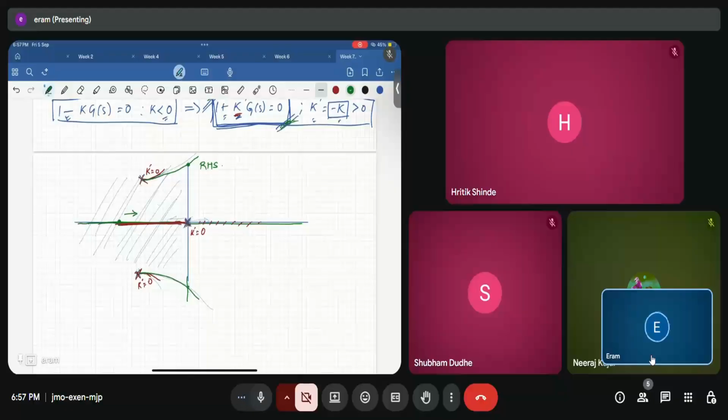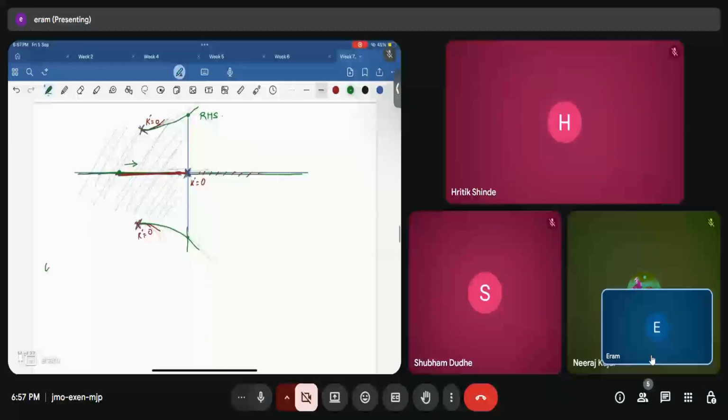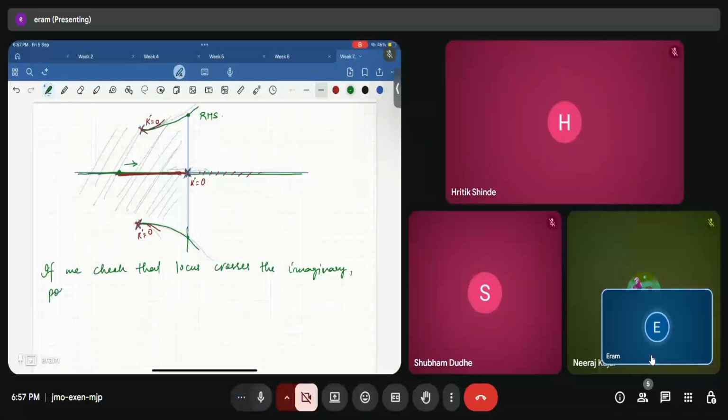So what we need to check, if we can confirm that the locus crosses the imaginary axis, then what would it mean? It would mean that closed loop poles will be on the RHS, because it is starting from the LHS, and if it is crossing the imaginary axis, it will be going to the RHS, and that would make our closed loop system unstable.